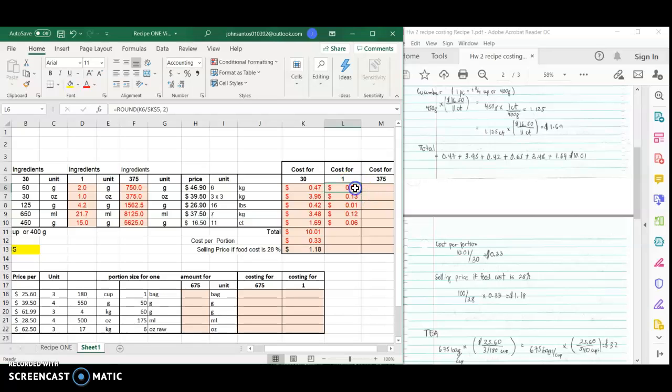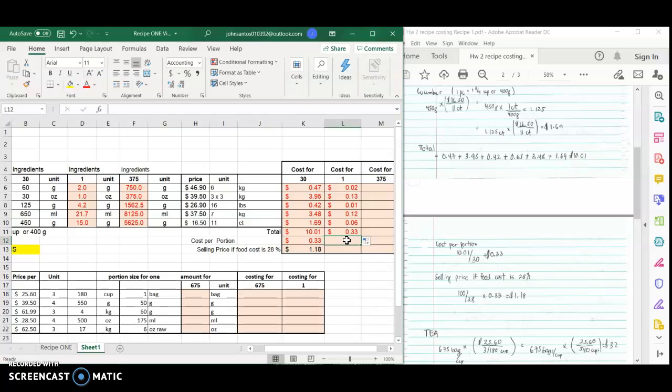Then autofill that function. There you go. Then we have to sum it all up. Awesome. That'll give us 33 cents, which is the cost per portion right here.